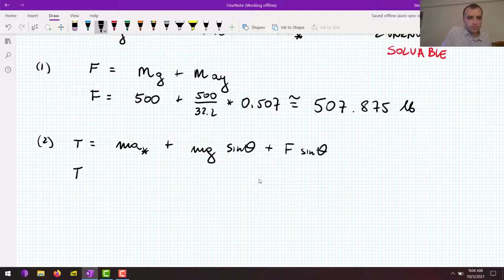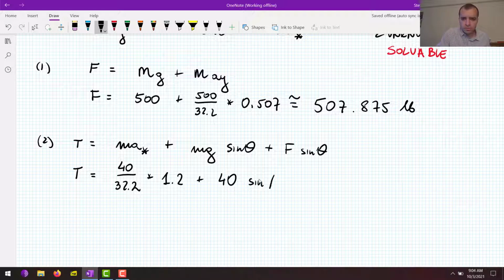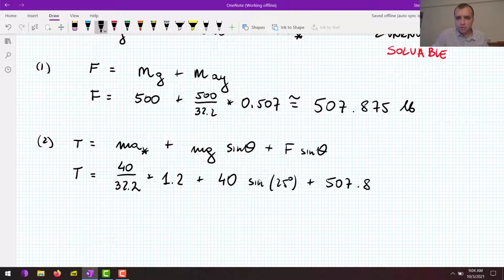So our T will be equal to 40 divided by 32.2 times 1.2 plus 40 sine of 25 degrees plus this value we just found, 507.875 times sine 25 degrees.